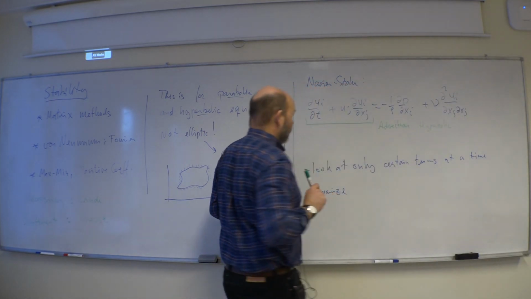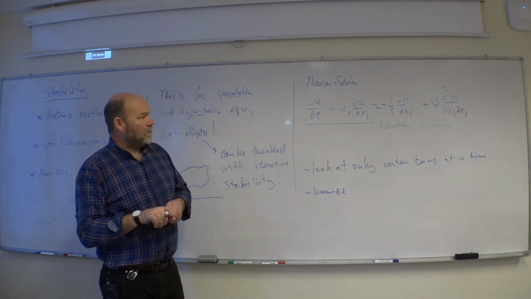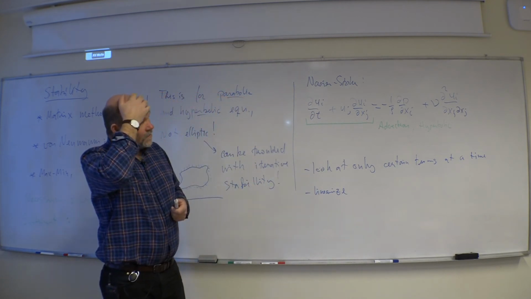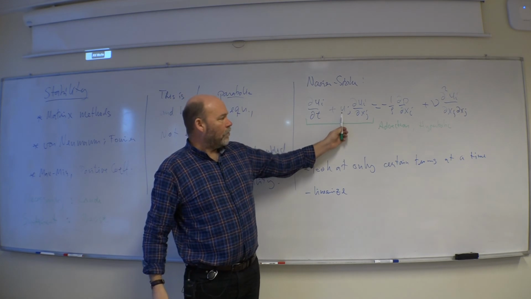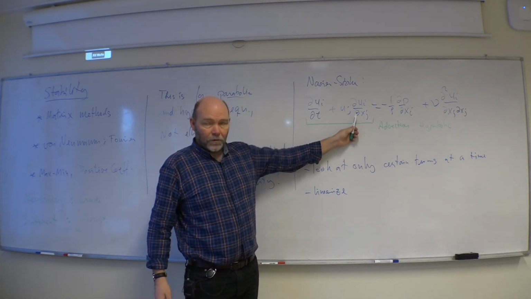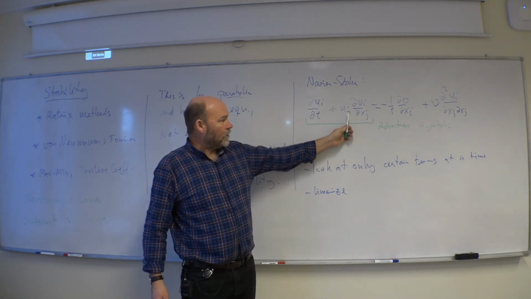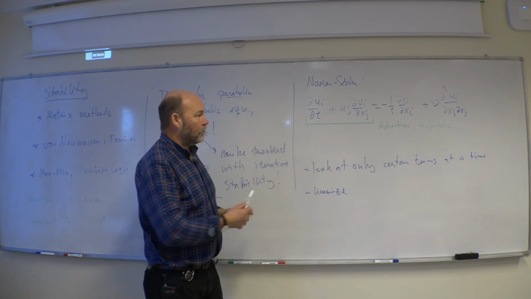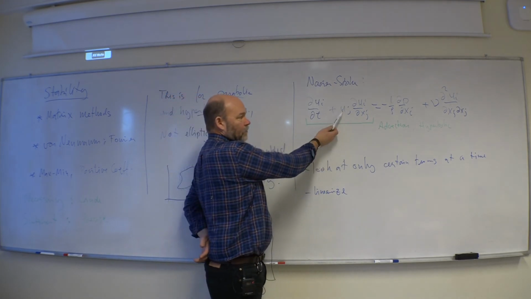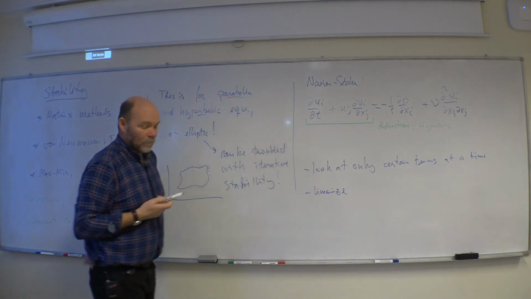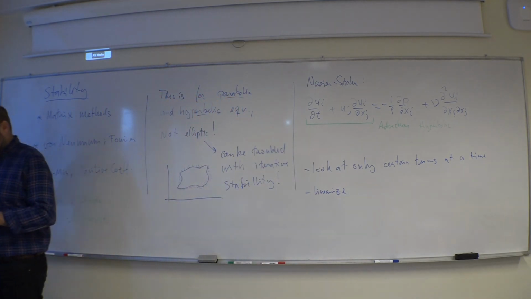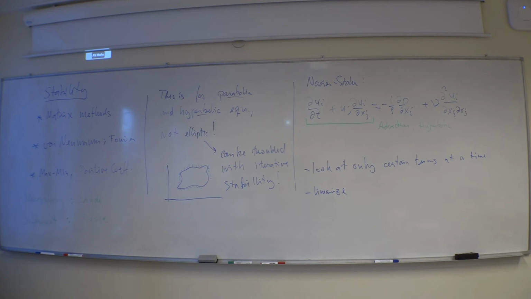Now it's just a first order equation. Sadly, it's nonlinear. Here you have the unknown multiplied with the derivative of the unknown. So we have to linearize this one. So here we cheat, inventing a constant velocity. So that will be the first equation we are going to look at.